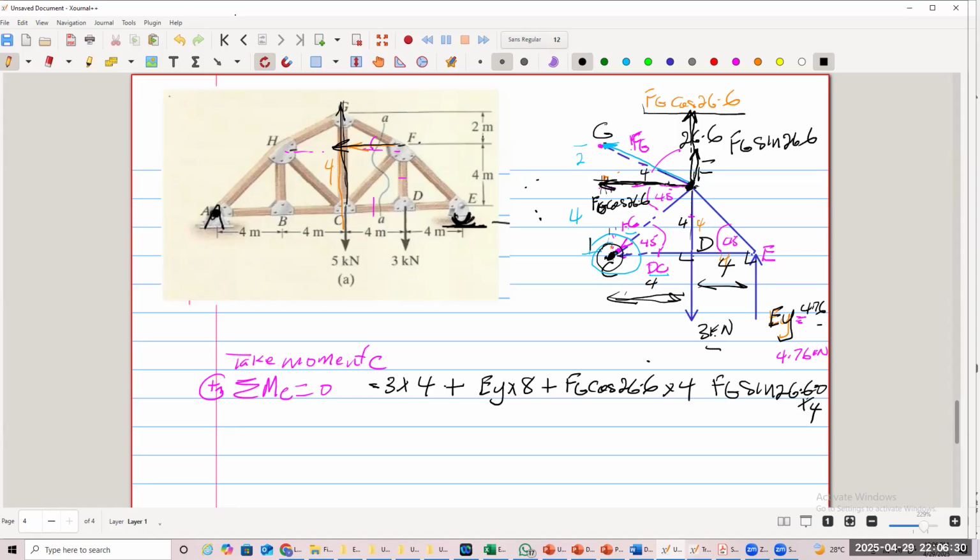It looks like it's positive because it's going up and turning the body. So it is also positive. It's coming up here and it's going to tend to turn the body in the same direction.